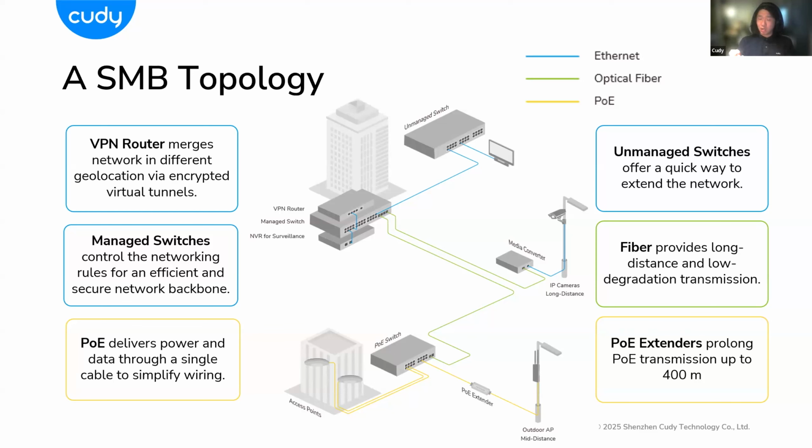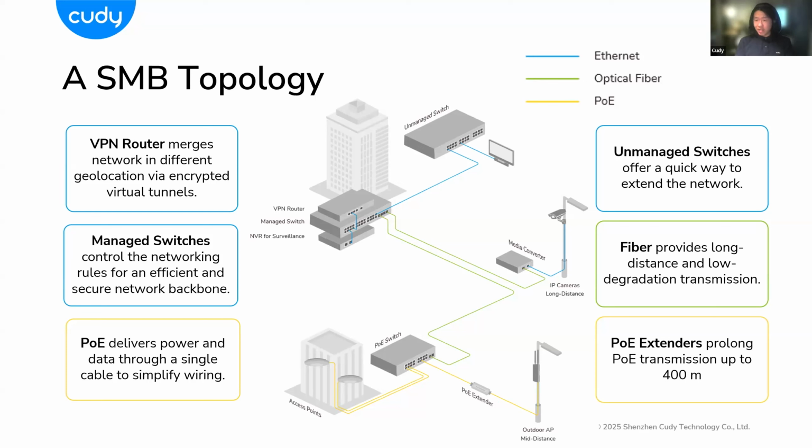The first, in the green rectangle, is using fiber. You transform Ethernet into fiber using a media converter, so you can make use of the long distance and low degradation of fiber. And what if you just have cameras 200 meters away and you don't want the system to be more complicated?